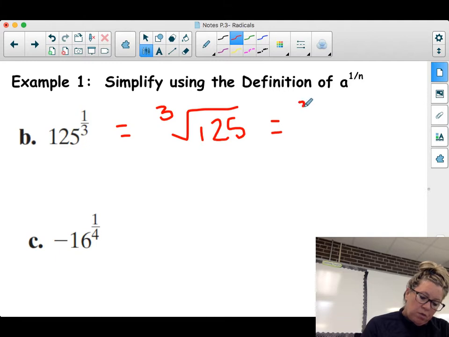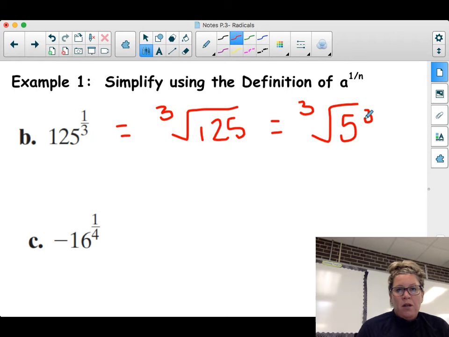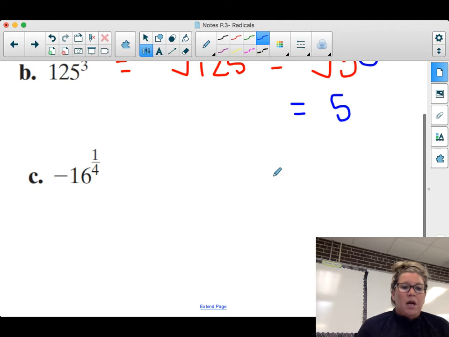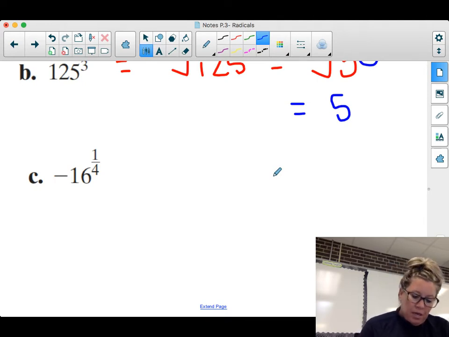So the cube root of 5 cubed. And then notice the index and the power are the same, so they undo each other. So your final answer then is 5.